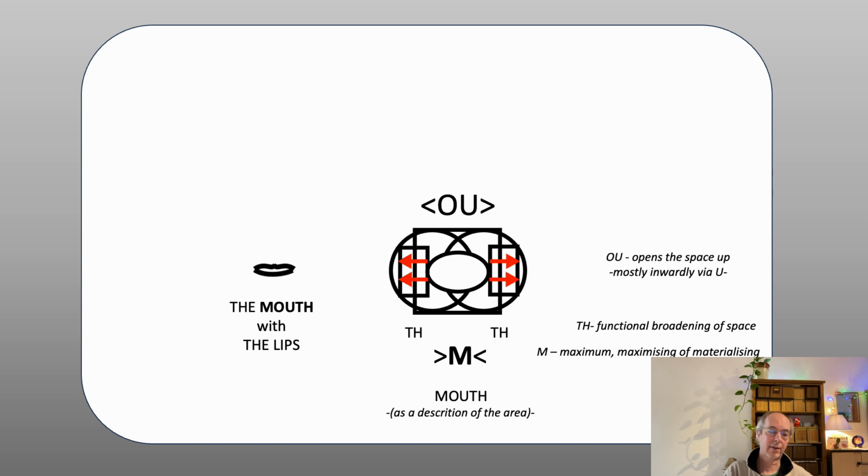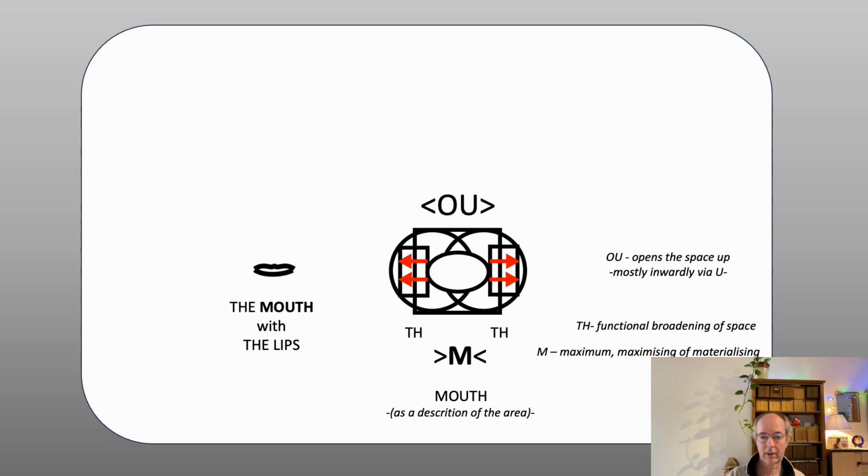The TH, as you can see here, is inserted in a partial area and is widening its space. Those are the things that can be recognized. The U is inwardly, so the expansion is also something that comes from within.